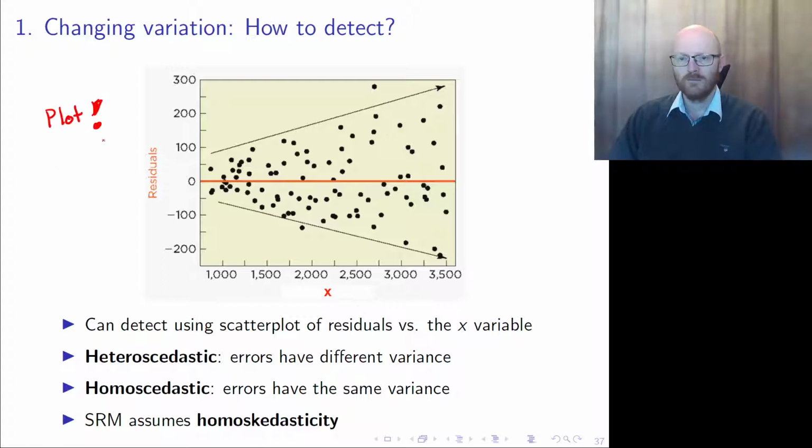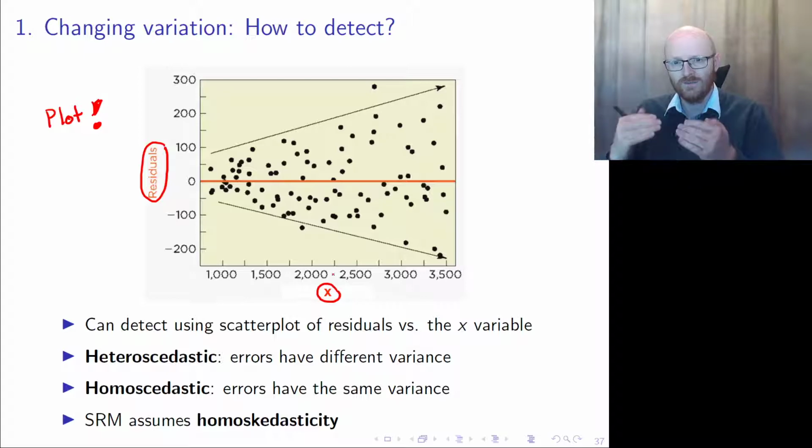Plot the residuals versus the x, because then you have removed the effect which has already been explained by x, and then you see whether there is something else going on, which is not explained by your regression line.